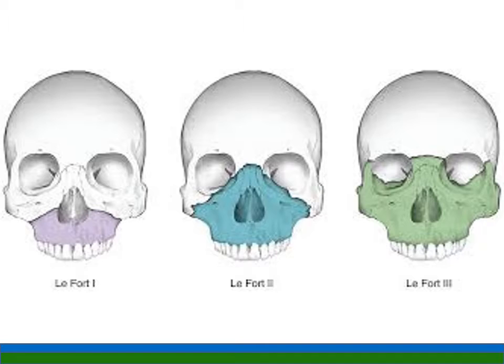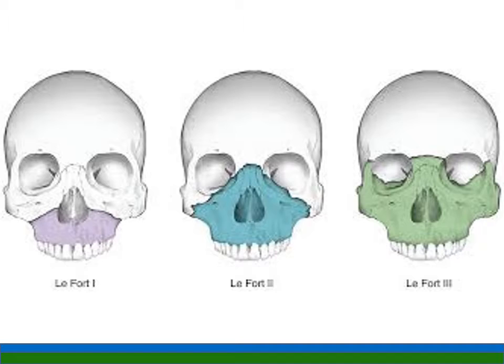Supposing instead of all this, we have the facial bone fractures, which have been divided into Lefort 1, Lefort 2, and Lefort 3. Lefort 1 is only and only the alveolar process of the maxilla that has been separated from the other part of the maxillary bone.